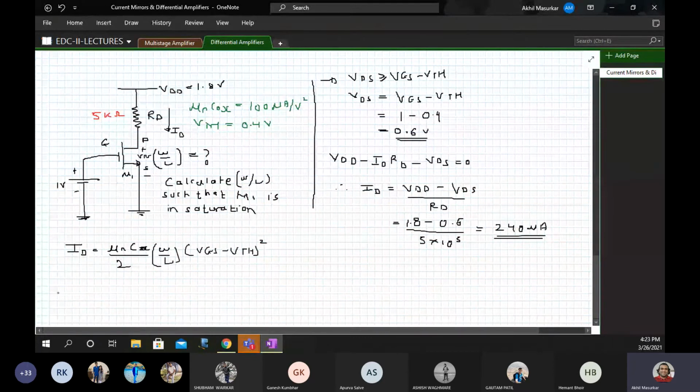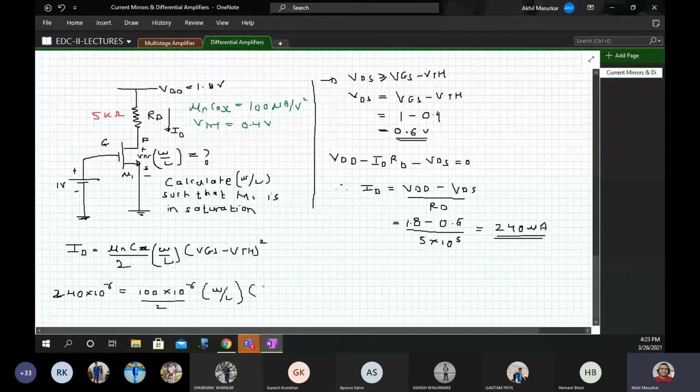Now we know ID, that is 240 into 10 raised to minus 6, equal to 100 into 10 raised to minus 6 upon 2 into W by L into VGS, which is 1, minus 0.4, the whole square.